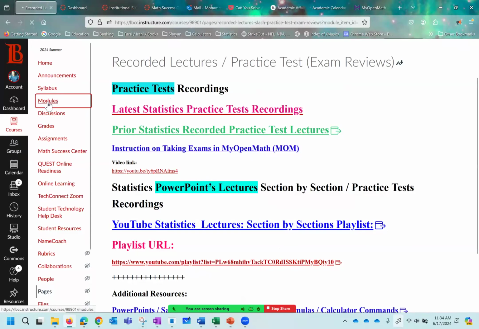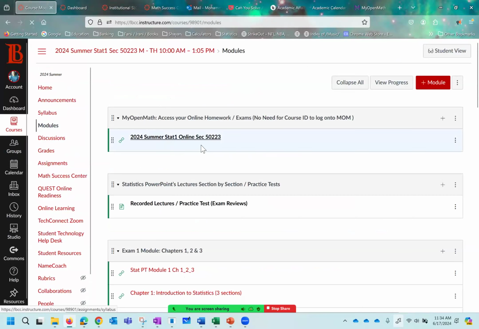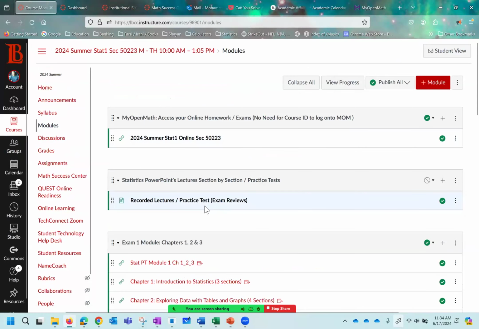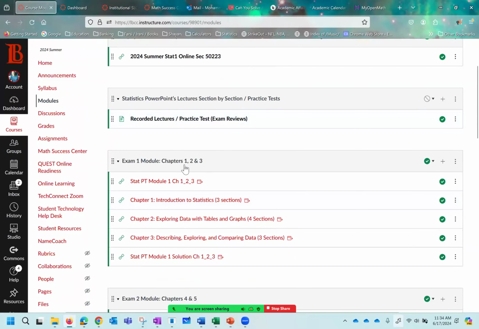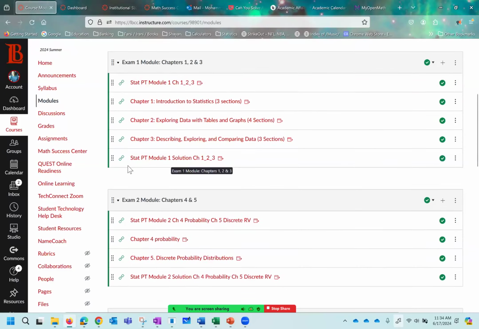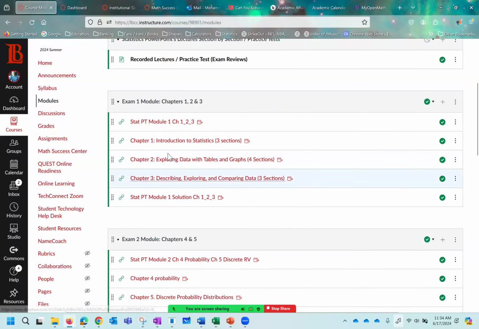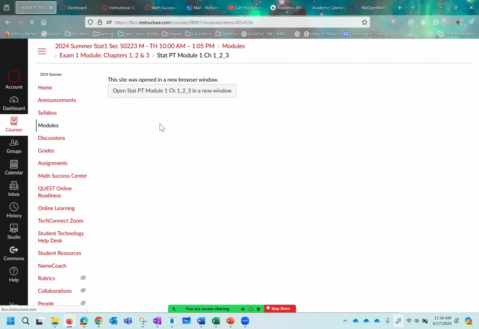So if I go back to modules, the first one was MOM, My Open Math. The second one was recorded lectures and practice tests. When we cover the exam one module, it's similar to the exam two module and the rest of it. So I start with the practice test.